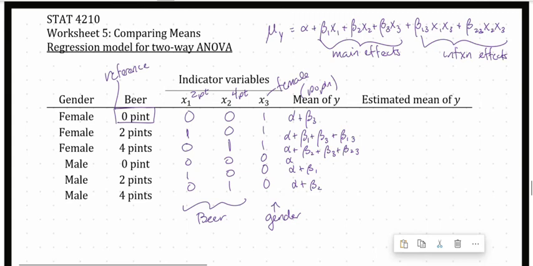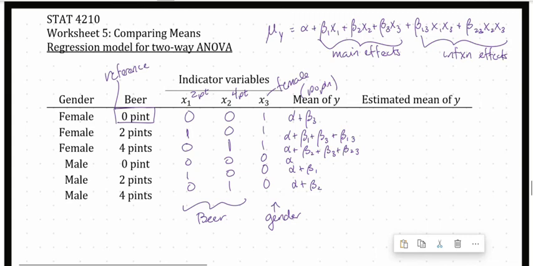If we look up here, we can see beta 1 is the true average change in the perceived attractiveness for people who have 2 pints of beer versus those who have no pints of beer. And that's what we're seeing here. So males who have 2 pints, alpha plus beta 1, that's the average change for those who have 2 pints of beer versus none.